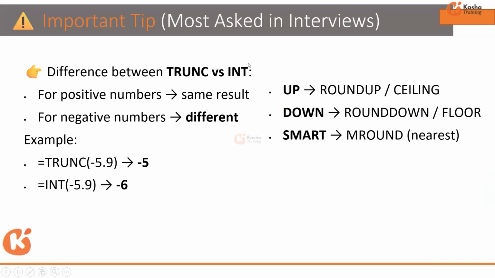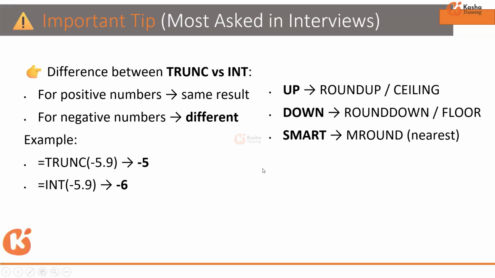Again, there are some important tips. Most of the time they ask during the interview the difference between TRUNC versus INT. For a positive number, TRUNC and INT give the same result. For a negative number, see the different example: with TRUNC, if you have a value like -5.9, it gives you -5, and INT rounds it off to -6.